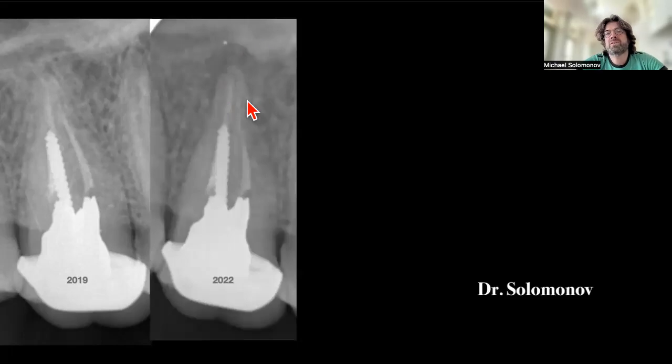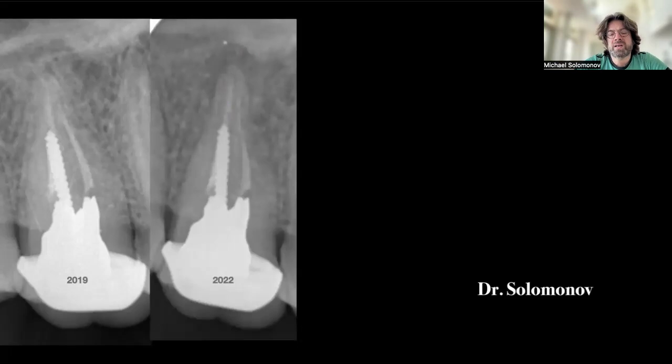My diagnosis now is a previously treated tooth with asymptomatic apical periodontitis, because now it's not pain, and I recommended retreatment. The patient said yes and disappeared.